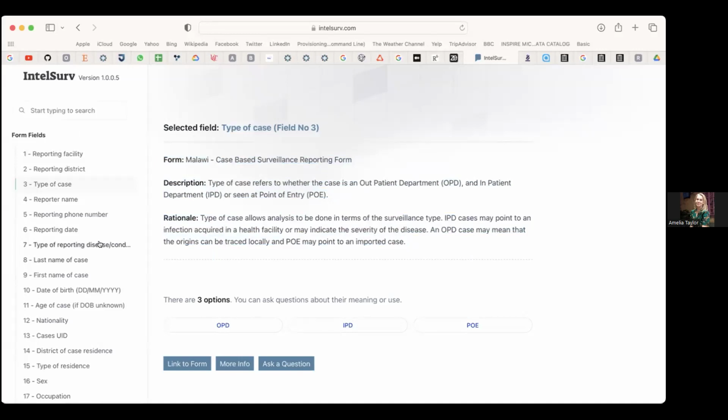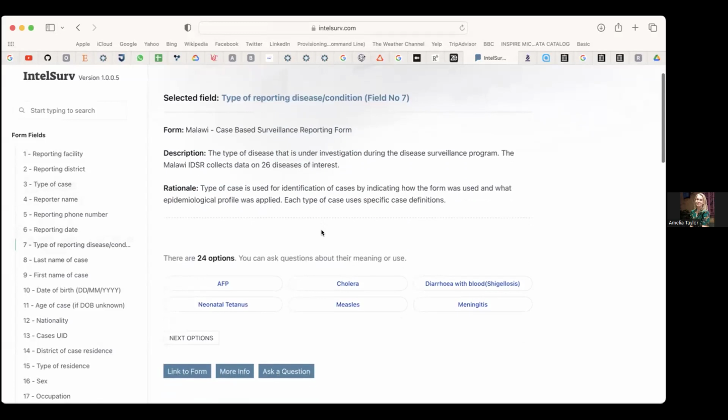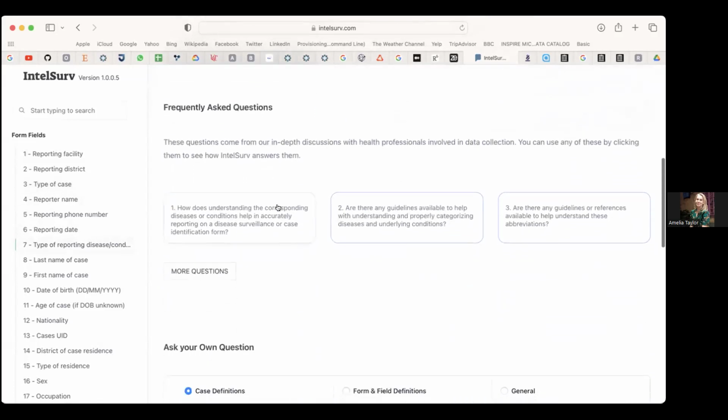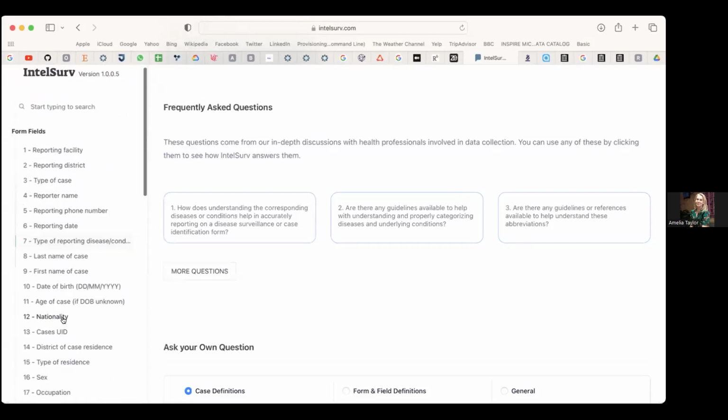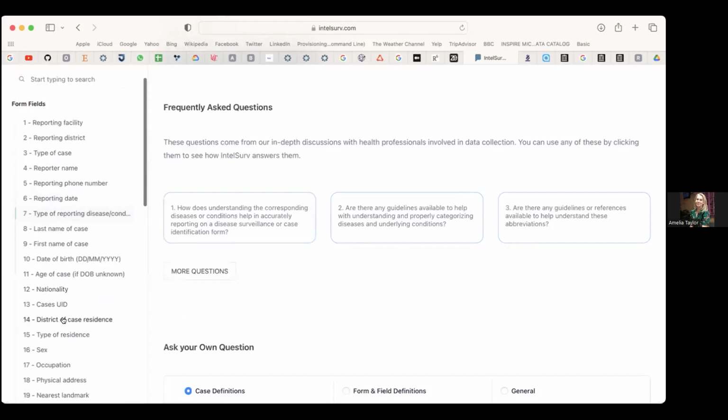And the other thing we wanted the users to be able to do is to ask questions. And these questions were about the data collection that they were undertaking. Now, in this case, it was disease surveillance. So they needed access to things like how to fill in this particular form.